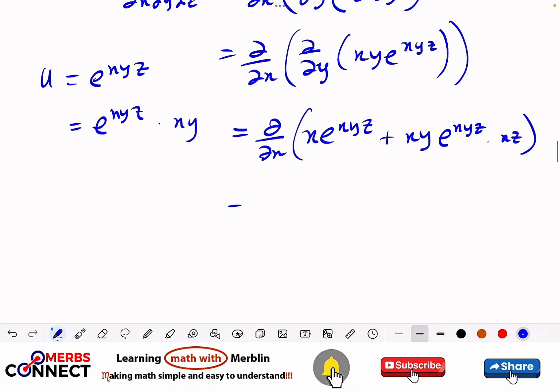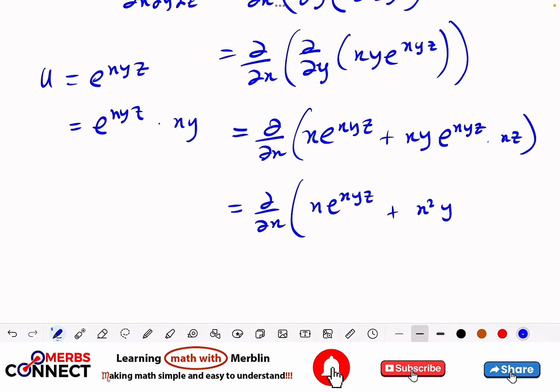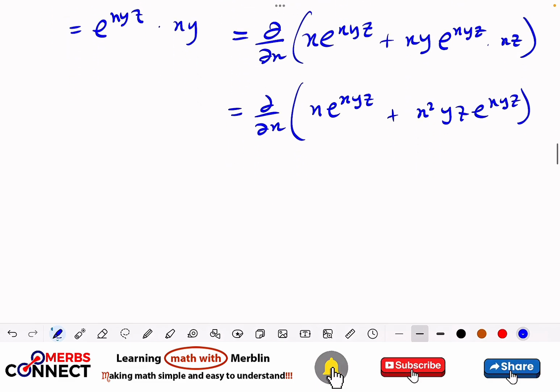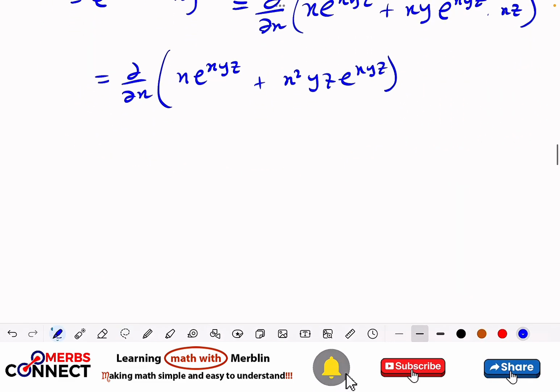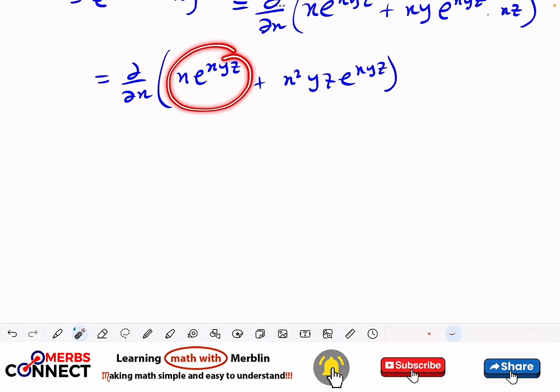Let's try and simplify that and see what you are going to get from there. Xyz plus, this is going to give us x squared yz e to the power xyz. So now the last step is to differentiate with respect to x. So this is product rule, this is also product rule.